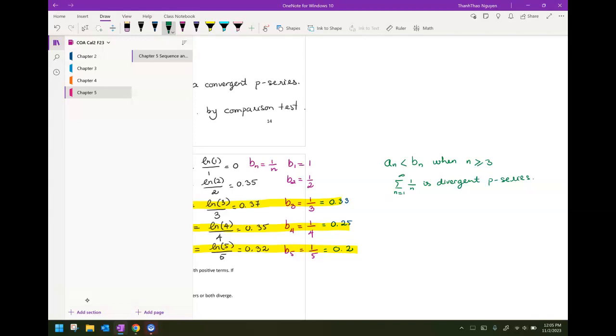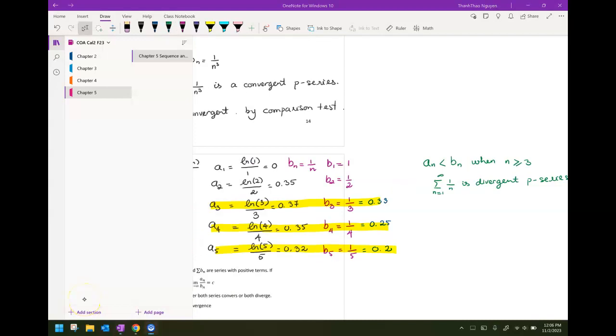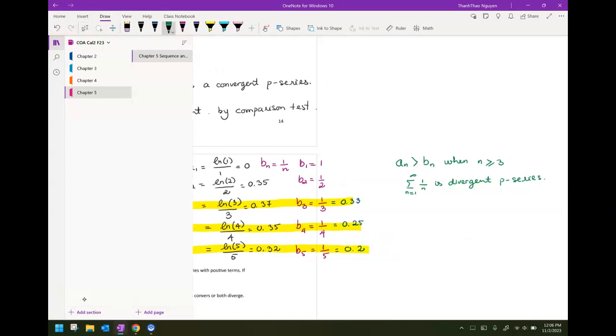And since a sub n is greater than b sub n and b sub n is divergent, this implies that the series for n equal 1 to infinity of ln of n over n is divergent by the comparison test.